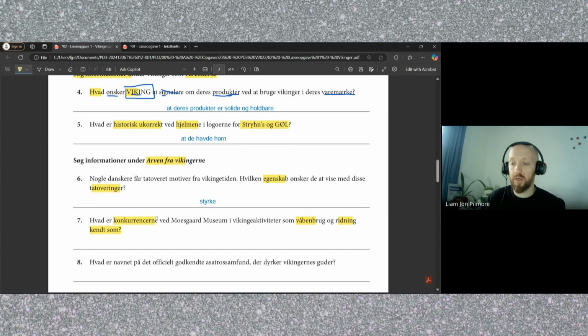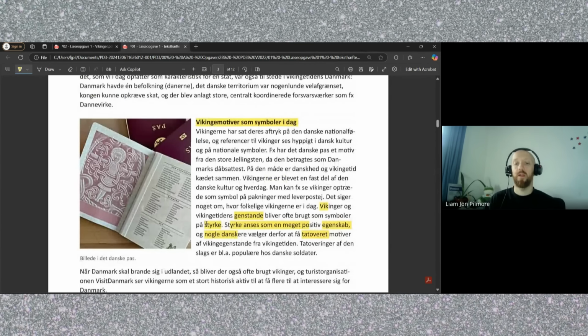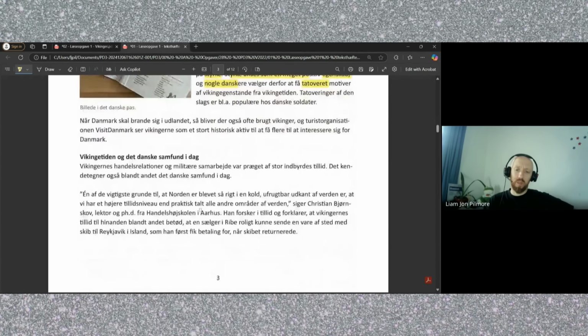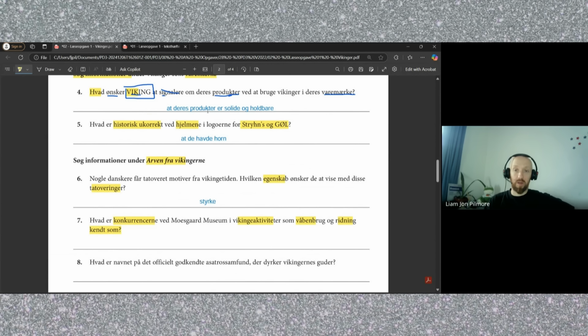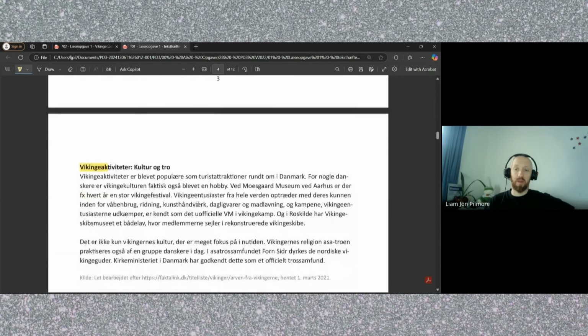Keywords, konkurrencerne, våbenbrug og redning, kendt som. I have a feeling that the words kendt som are going to be in the text. Let's have a look. We're looking for something about the museum. I can see here this new heading, vikingeaktiviteter. That was also in our question, right? Vikingeaktiviteter, keyword, gotta be down here.